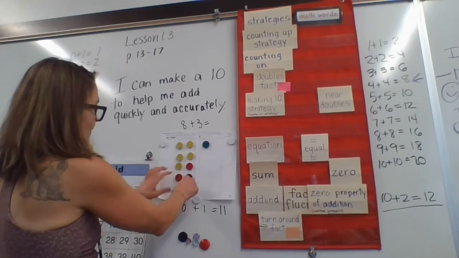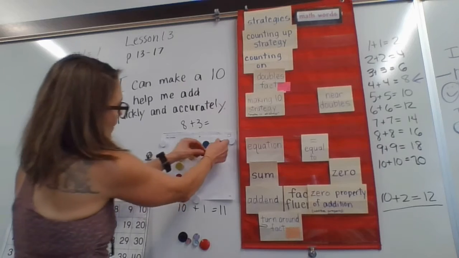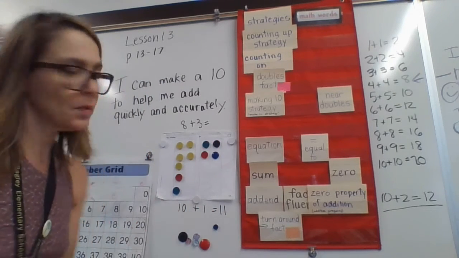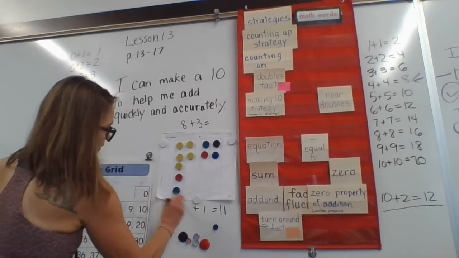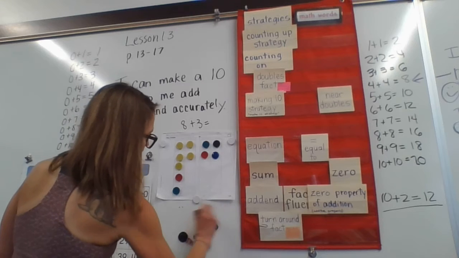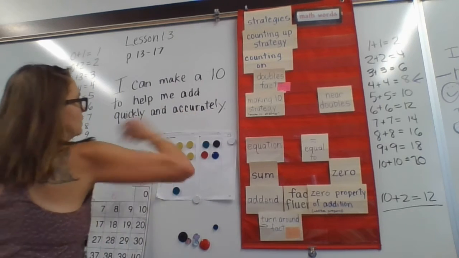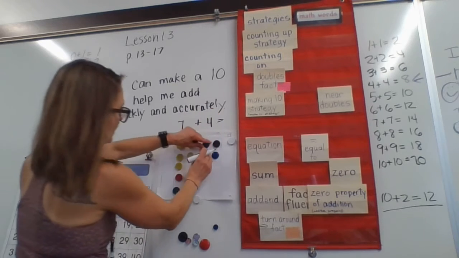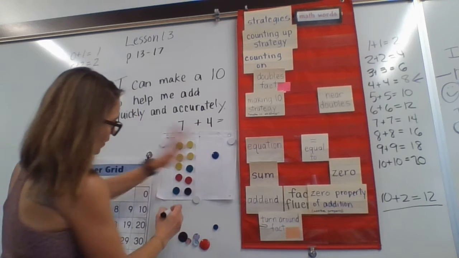So we have 7, so 7 is 5 plus 2, and then on this side we'll have 4. So now we are going to change this to make it easier to add by making it a 10. All right, so we have 7 on this side, and we're plussing 4. And now we're going to take 3 and move it over here, and now we have 10 plus 1.